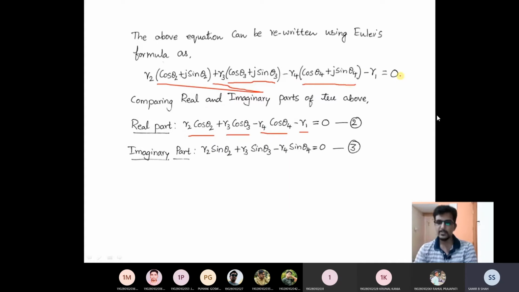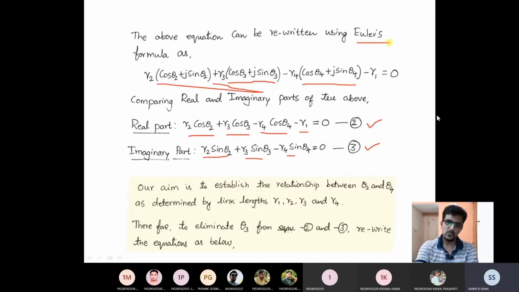So 0 is there, so obviously it will be available for both real as well as imaginary. r1 has only the real part, it has no imaginary component, so it will be treated only for the real part. For r2 j sin theta 2, the coefficient of j is r2 sin theta 2. Similarly we have written it for r3 and r4. So equation 2 and equation 3 represent the real and imaginary parts of the vector loop closure equation, which has been expanded using Euler's formula as shown.